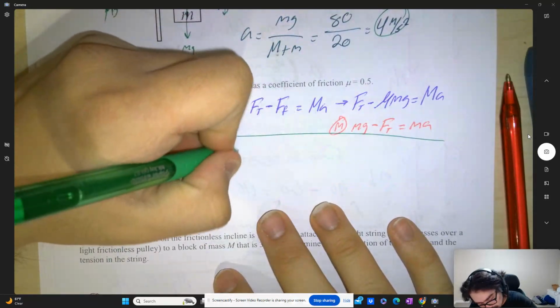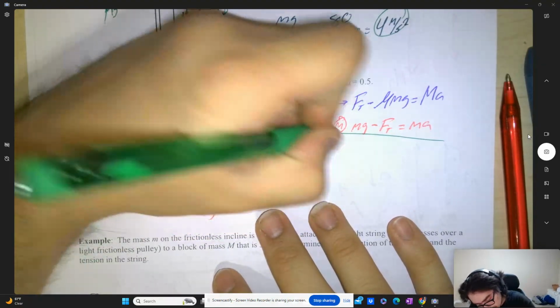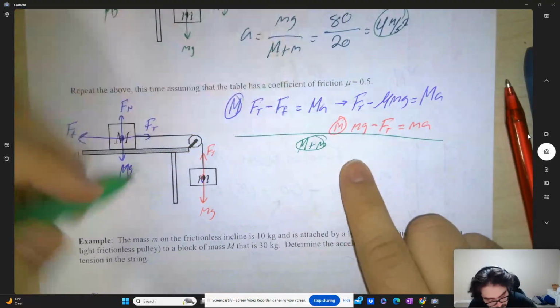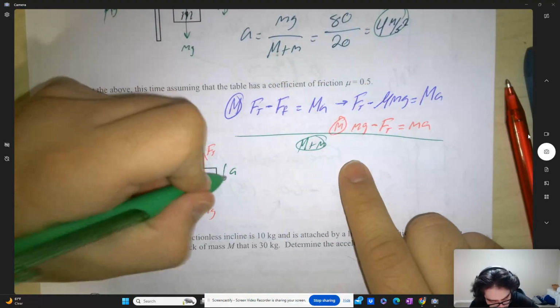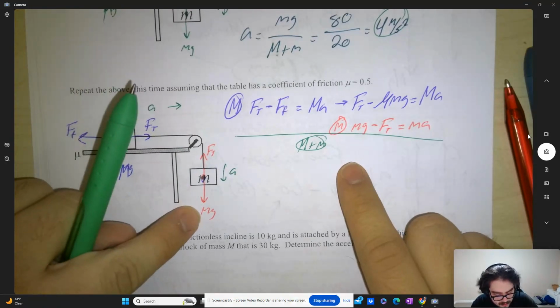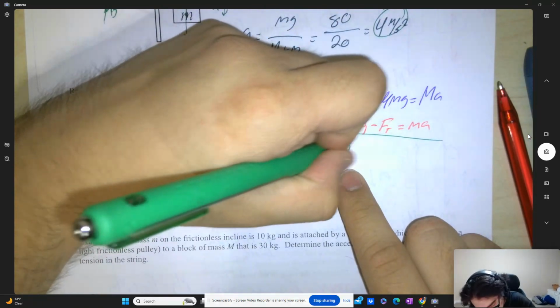So then when I write my complete expression for both of them, the one for capital M and little m, that's going to be my forward force. Acceleration is going down here, acceleration is going to the right here. So it would be little mg. Oh gosh, I totally messed that up.